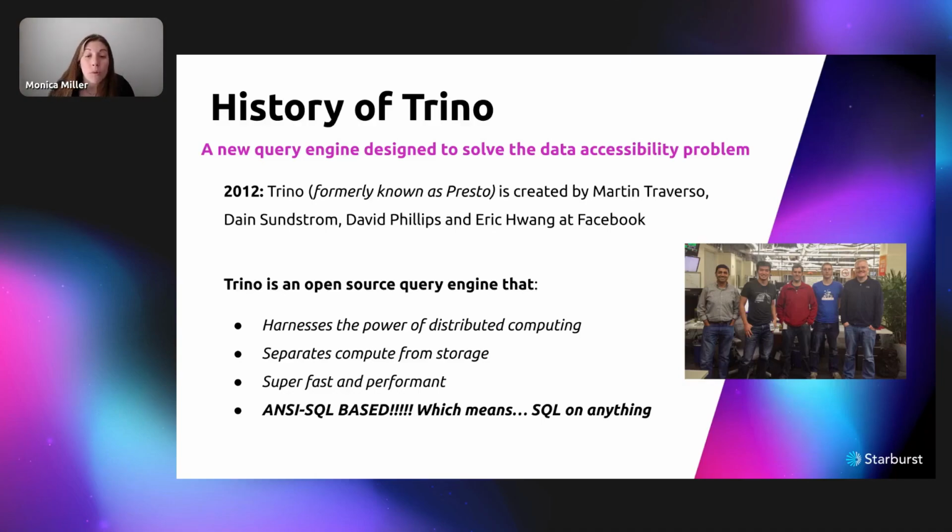They wanted something super fast and performant. That's the difference from the past, where Hive queries took a long time to run, and now we want something fast and performant, where they can get their queries in.